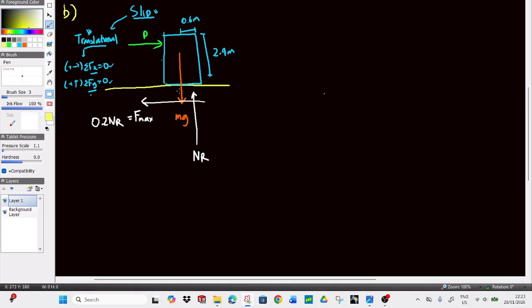So in this case, how are we going to determine it? First and foremost, if we take our x and our y, for summation of fy to be equal to 0, we know that our NR minus the mg is equal to 0, because P is horizontal. So your NR is equal to mg.